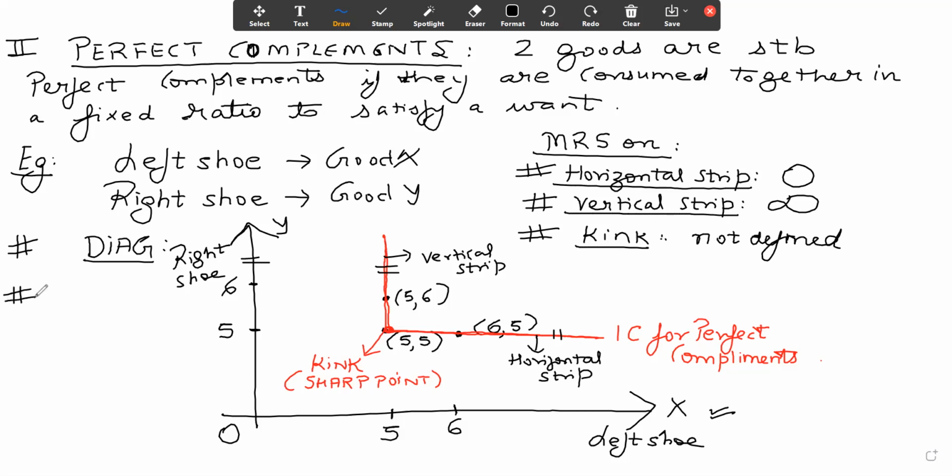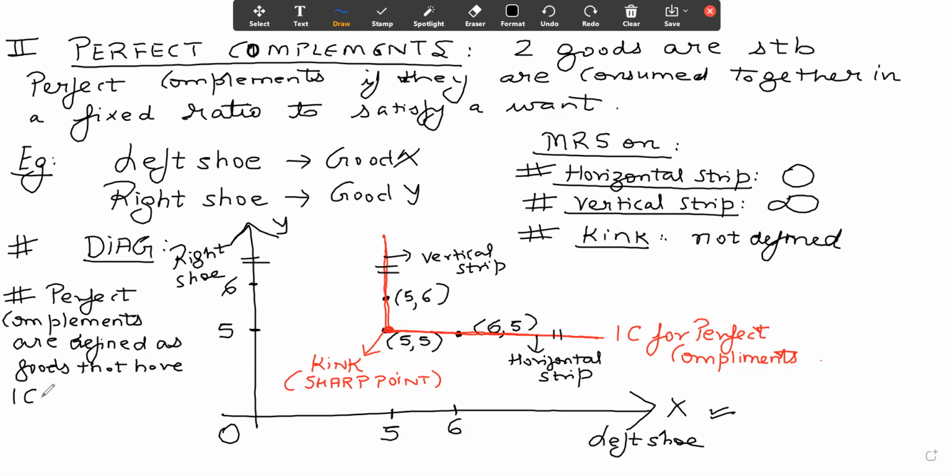So what we have learned is, guys, in case of perfect complements, my indifference curves are at right angles. So we can say that perfect complements are defined as goods that have indifference curves at right angles.